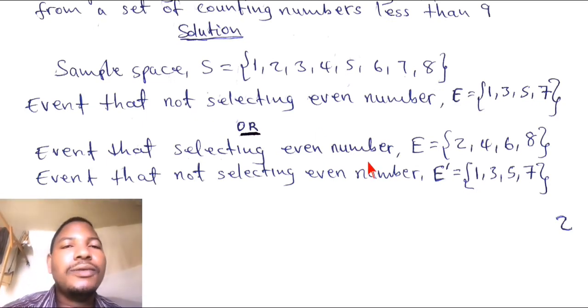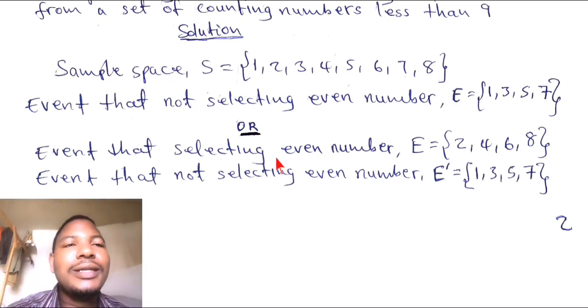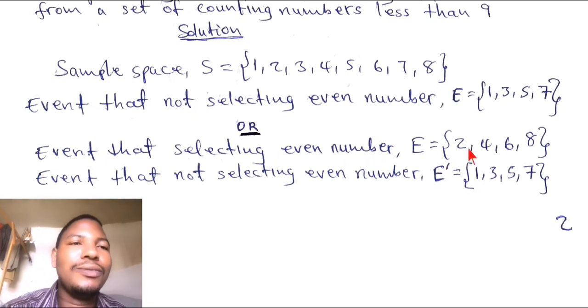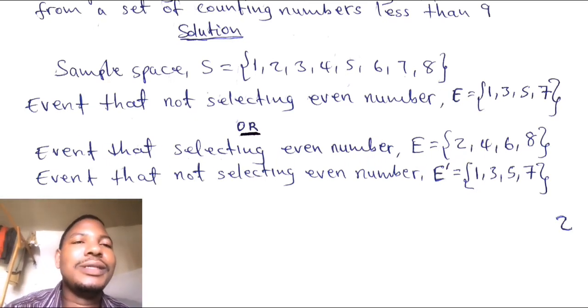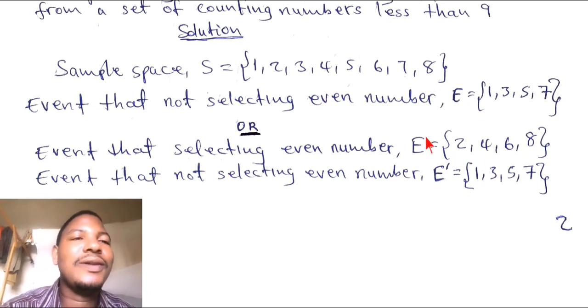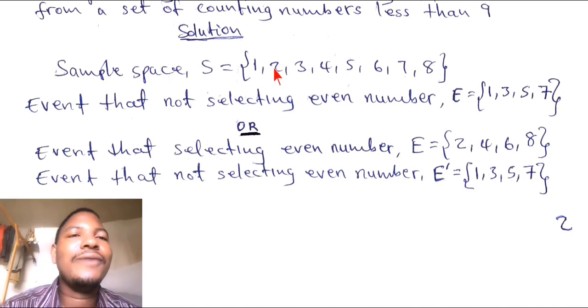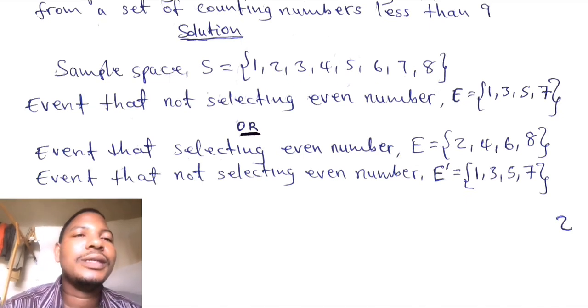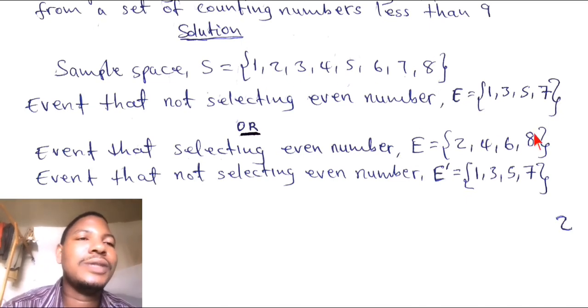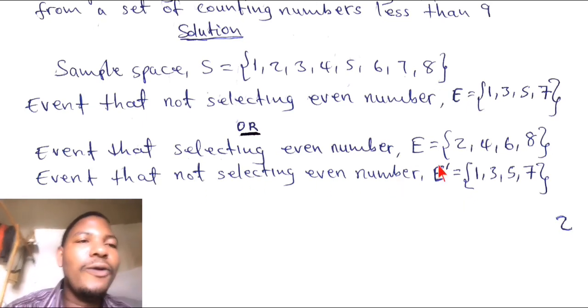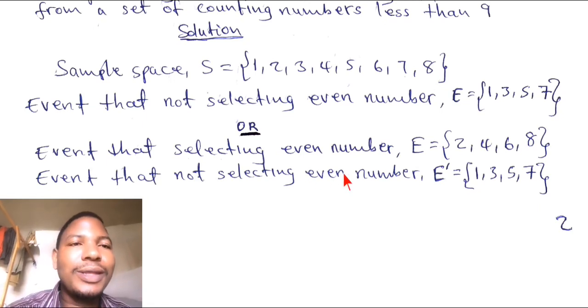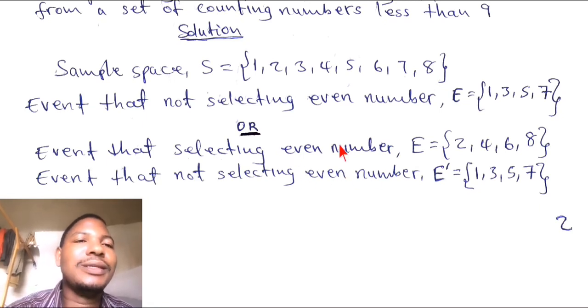Alternatively, you can find the event that even number is chosen, the event of selecting even number. You can find the event of taking the even number. From this list, what will be the even number? 2, 4, 6, and 8. So the event of not selecting even number will be E complement, because you are talking about the same thing, which is even number.